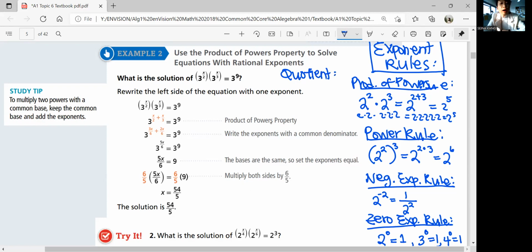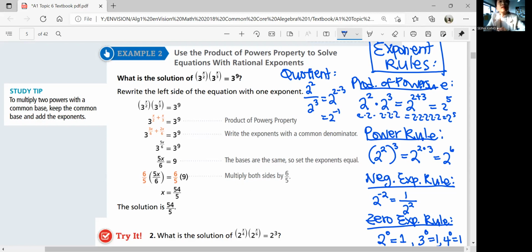Quotient is when you have any base to the power of 2 divided by the same base to the power of a different number, then you can subtract the power in the denominator from the power in the numerator. Okay, and so that's equal to 2 to the negative first power. Okay, so product of powers is this one.